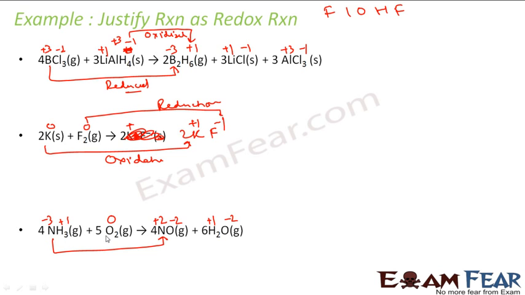Hydrogen is the same. Oxygen from 0 became -2. This is reduction, right? Decrease in oxidation number 0 to -2. This is -3 to +2, an increase in oxidation number. This is oxidation. So if you see, all these reactions are redox reactions because they have an increase and decrease in oxidation number. Correct?